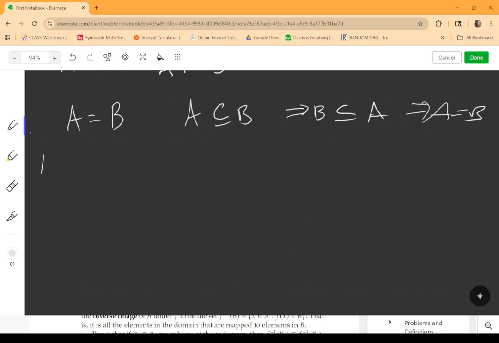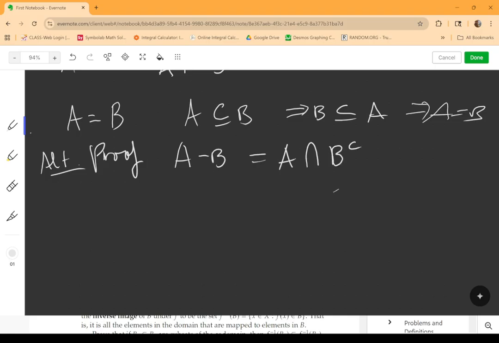So an alternate approach for proving that A minus B is equal to A intersection of B complement is, we want to show that A minus B is a subset of A intersection with B complement.